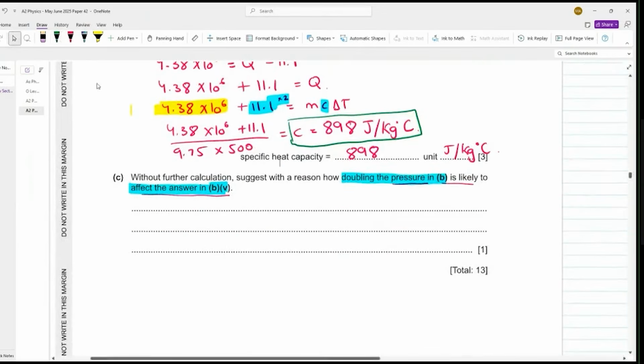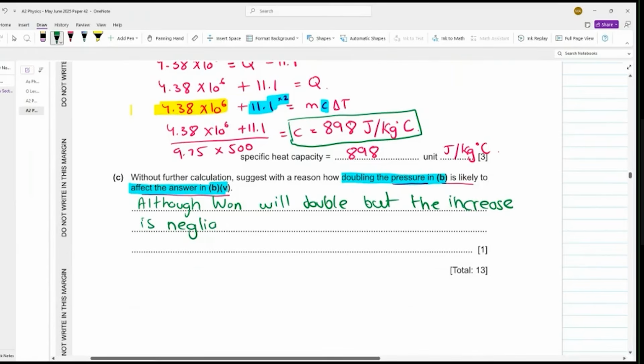What can you write here? Although work done on the gas will double, but the increase is negligible compared to the change in internal energy.